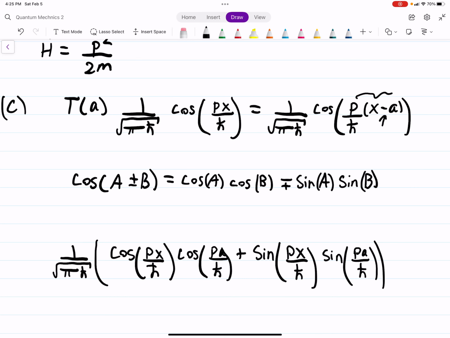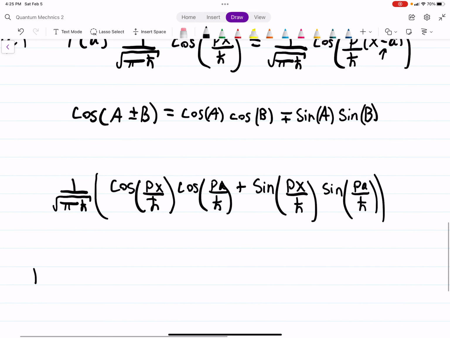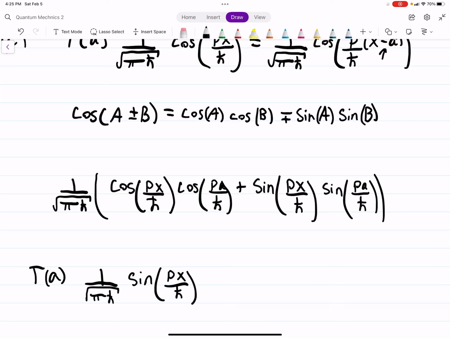Okay. And if we have it operate on the other state that they gave us, it was the exact same thing, only a sine instead of a cosine. It's going to work out exactly the same for the most part, but our sum and difference formula will change because sine and cosine are different. So same exact idea, nothing crazy here.